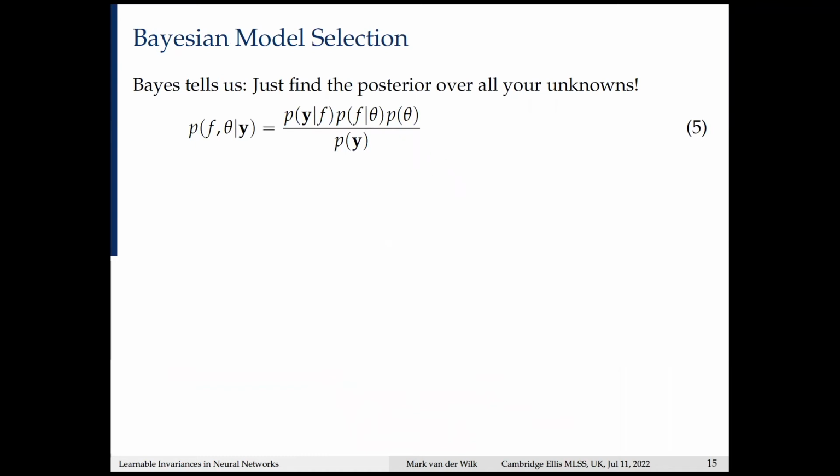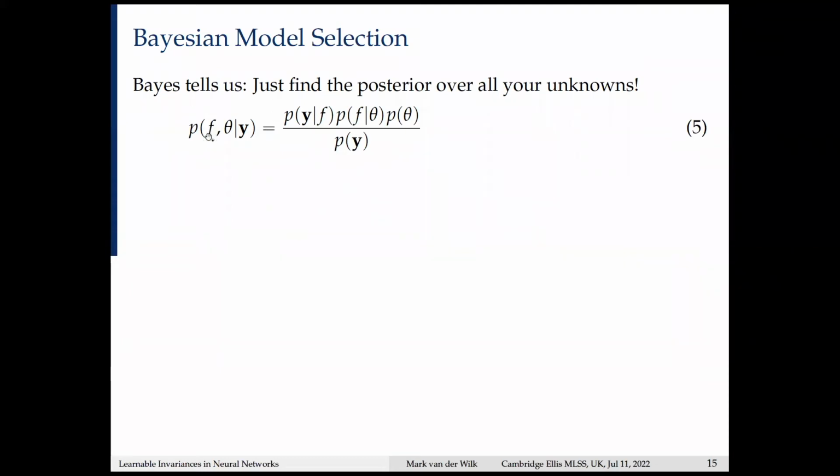I just briefly want to give an overview of where the Bayesian model selection criterion comes from, but if you're not familiar with this, then just keep the high level in mind. Bayesian inference gives us a procedure to find any unknown in a statistical model: put a prior on one of your unknowns and then find the posterior.